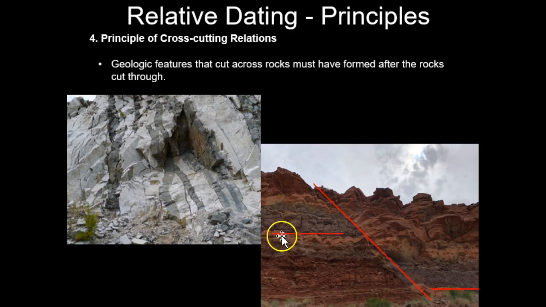You see that this rock right here, the more purple-brown layer, used to be connected to this other side, which is the same rock type and it has the same age. But when the fault happened, they were displaced. And so, because the fault is overall cutting through the rock layers, the fault must be younger than the rock layers that it cut through.